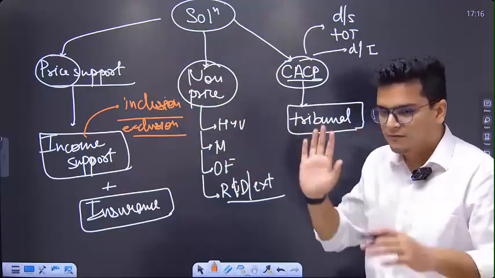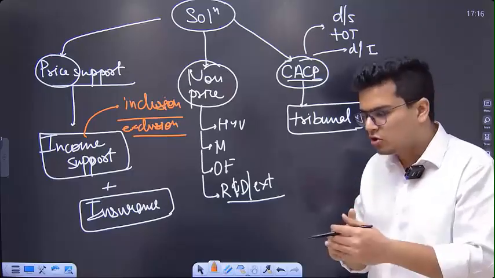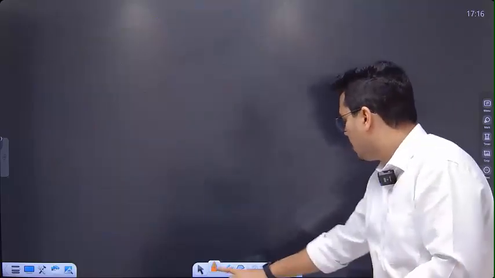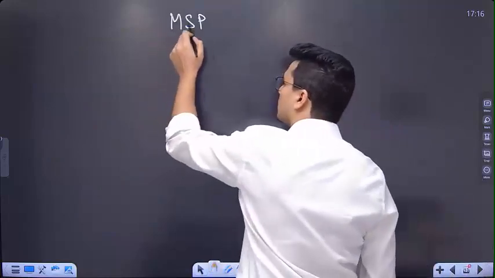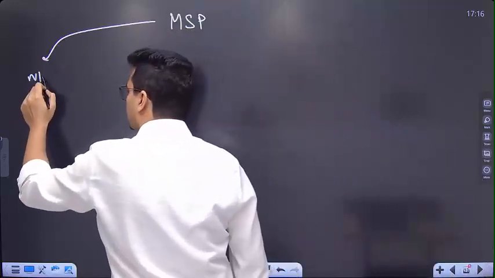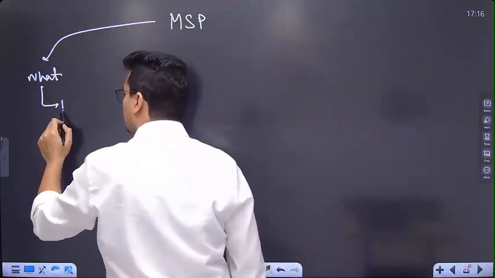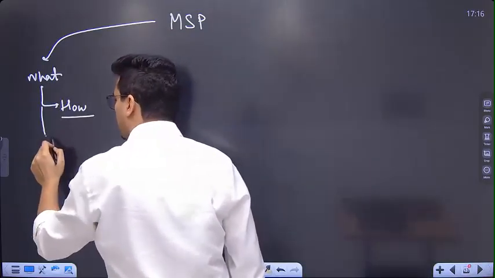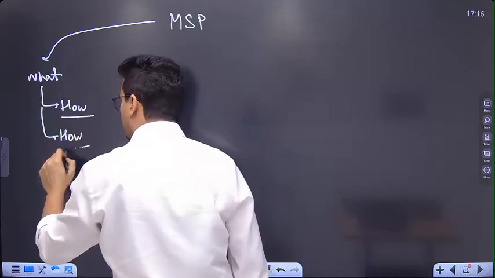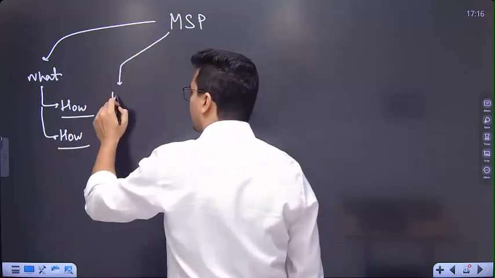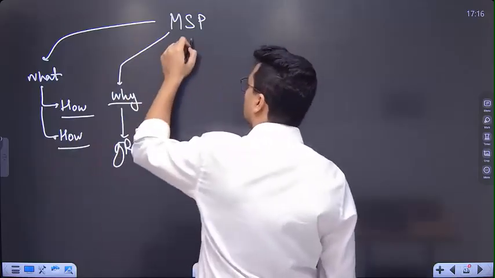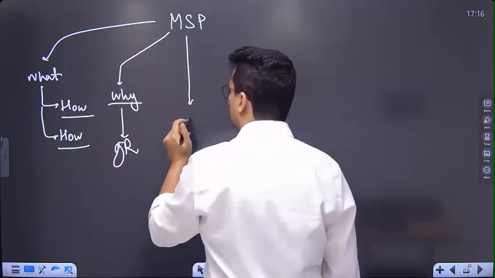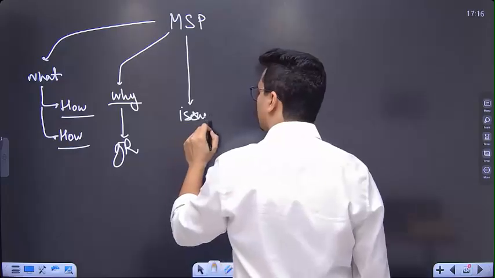Okay. So if you get a question on MSP, you should know, अगर मुझे MSP पढ़ना हो मेंस के लिए, मुझे क्या क्या पता होना चाहिए? What is it? What it includes? How is it calculated? How is it paid? Why was it brought? We have seen the argument of the Green Revolution. Then with MSP, I need to know the issues with regards to MSP.